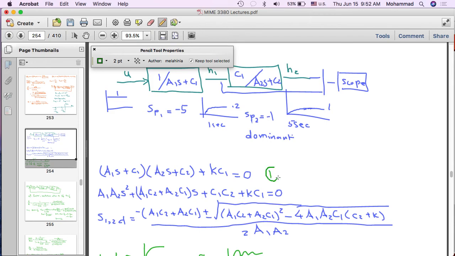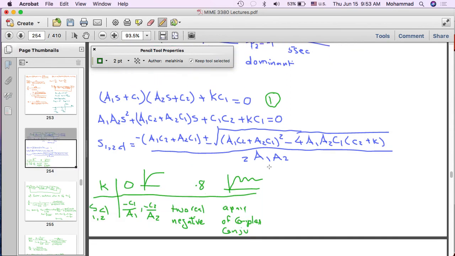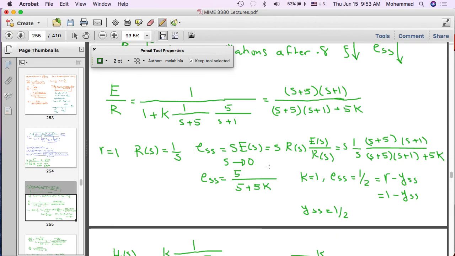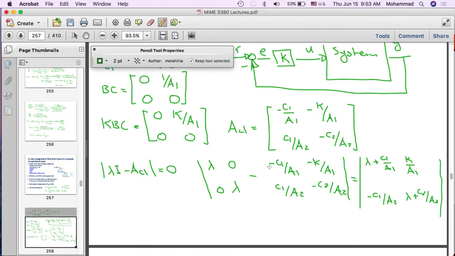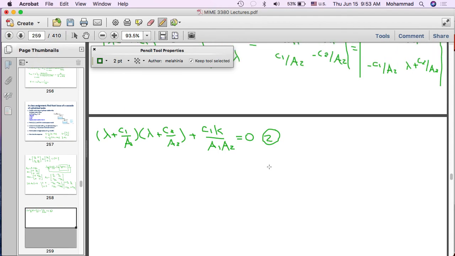If you compare equation 1 to the second equation, the difference is just in appearance.